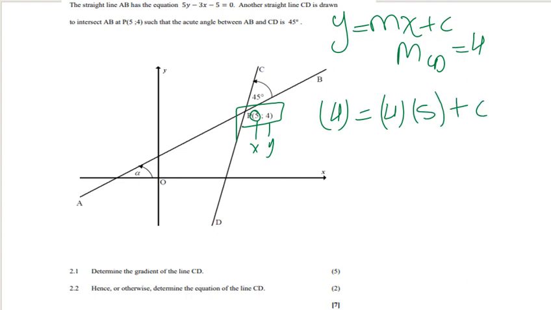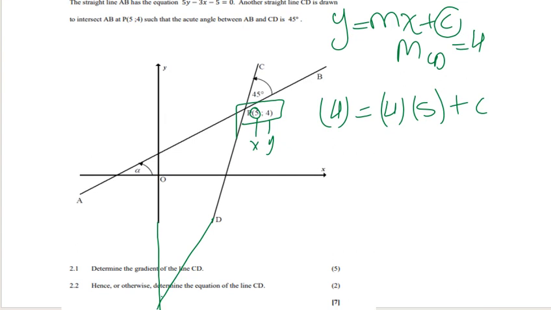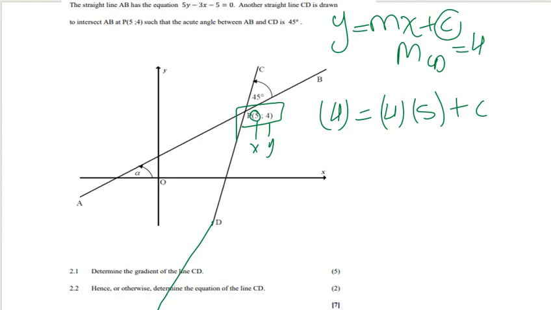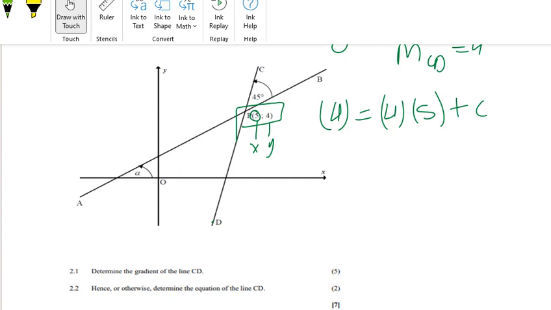plus c. The reason I'm doing this is because I want to find this value of c, and it should be negative. It's not always the case that it's going to be negative, but in this case it should be because this line will intersect the y-axis somewhere here, but we are not there now. 5 times 4, that's 20.